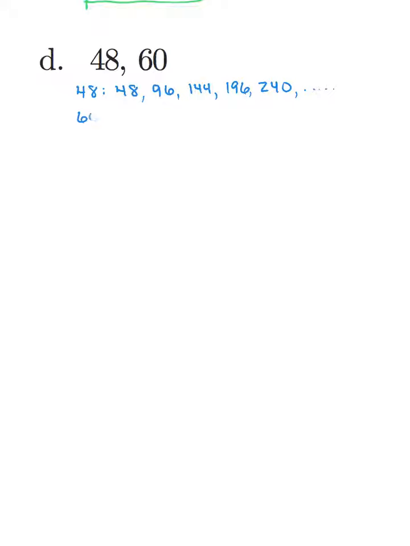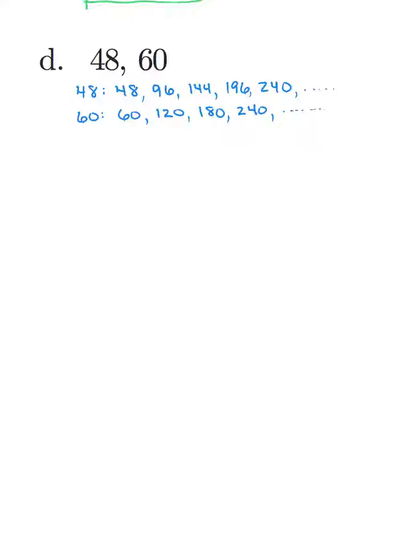If we look at 60, 60 times 1 is 60, 60 times 2 is 120, 60 times 3 is 180, 60 times 4 is 240, and this list keeps going.